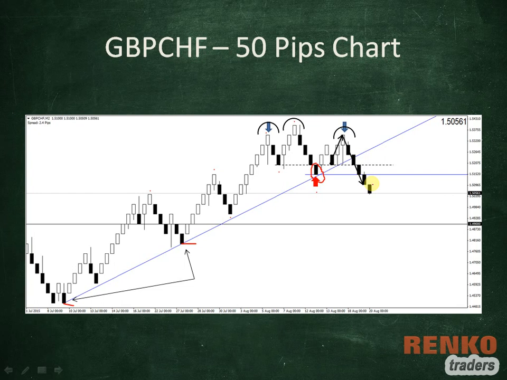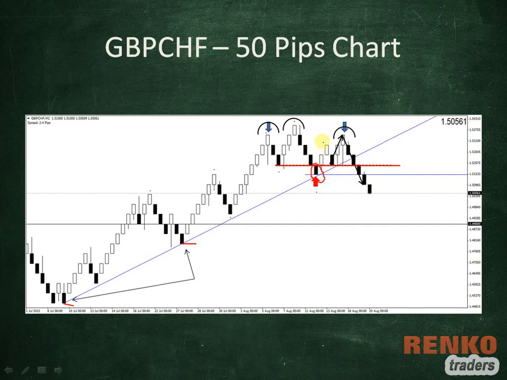But anyways, this was the signal, or should I say the alert, which pointed us to potential trade opportunities on the GBPCHF. So what we noticed here was, after price made a lower low, we noticed a bullish Renko candlestick here, and therefore we ascertained that this was a level of support and resistance, and that it would play a role.